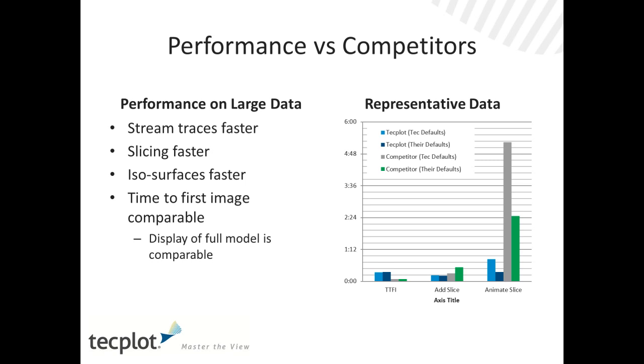And you can see in this bar chart, regardless of the defaults, as long as they're consistent, Tecplot is faster for most of these things than this other application, and a little slower or comparable for the time to first image. But as we mentioned, our first image is a little more complicated than most. So this idea that Tecplot is a whole lot slower than our competition doesn't bear any fruit. It doesn't seem to be true.